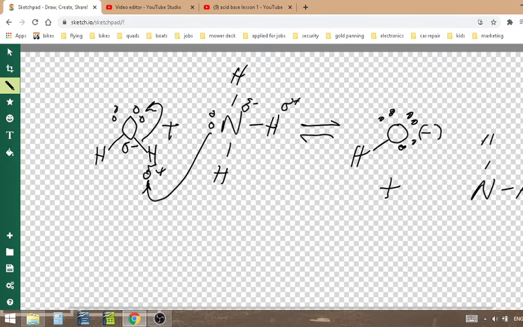And the non-bonded electron pair is used to form that bond. Now it picked up a positive charge when it picked up that proton. So the ammonium ion is NH4+, the hydroxide OH-, added together, right side of the equation neutral, left side of the equation neutral, just as it should be.